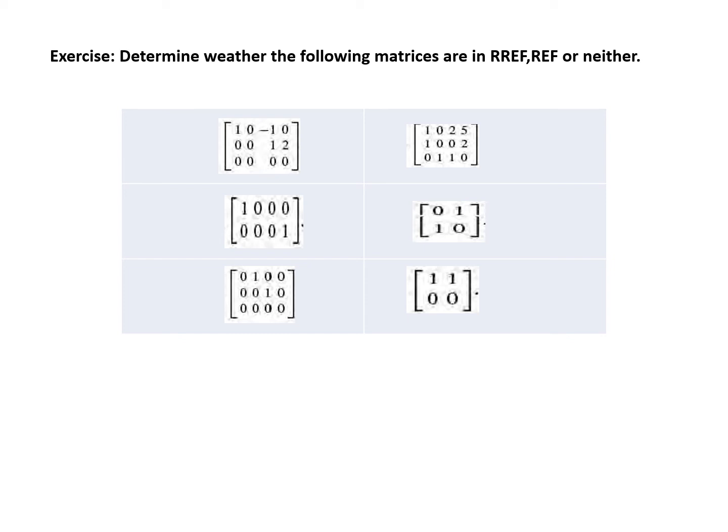Since it satisfies all the conditions of reduced row echelon form, we may say it is in RREF form. Now the last example, 1 1 0 0. Since it also satisfies all four conditions, you may say it is also in RREF form.